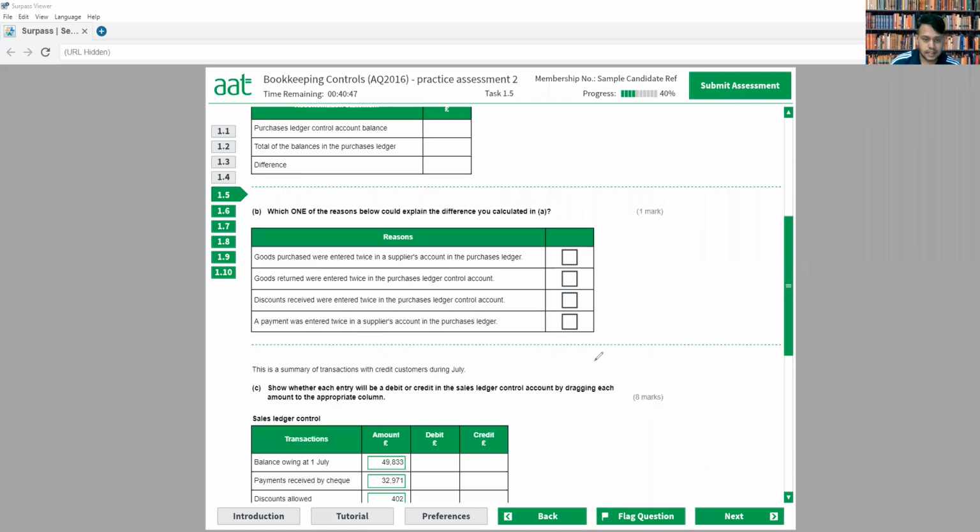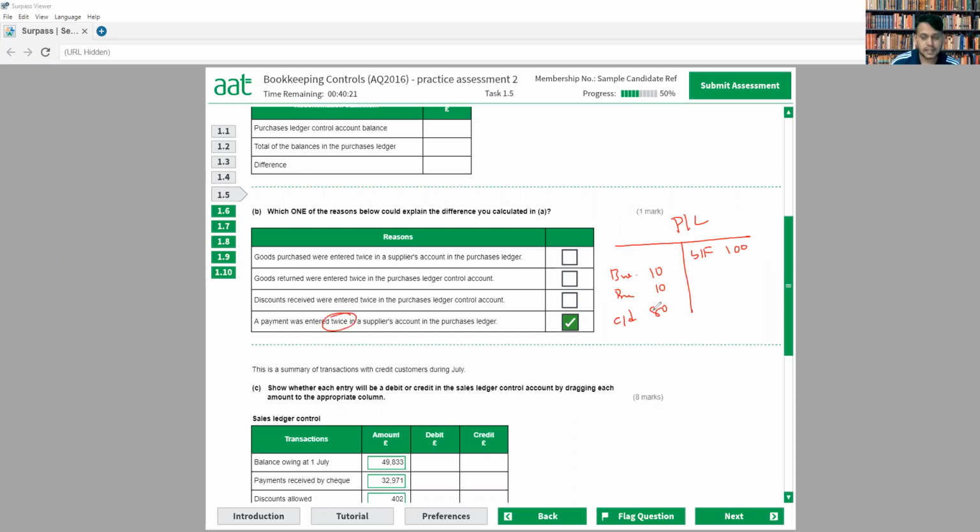For example, this is my purchase ledger, and my opening balance is, for example, 100. And I have a payment, like I paid the supplier, let's say bank 10, and again bank 10. So my balance c/d is 80. Now what happened? A payment was entered twice.